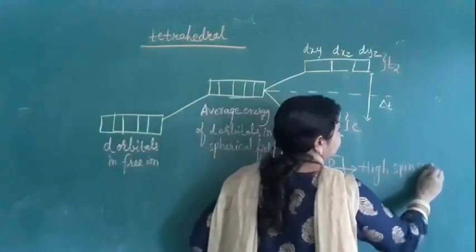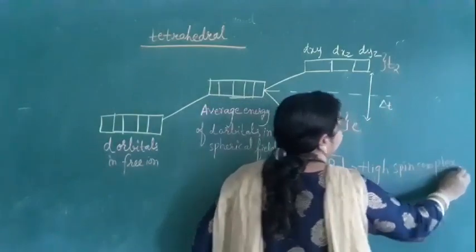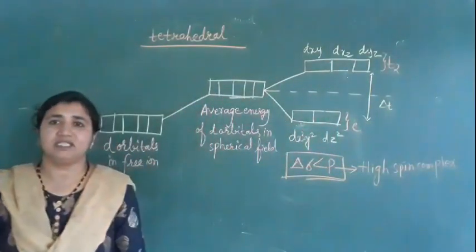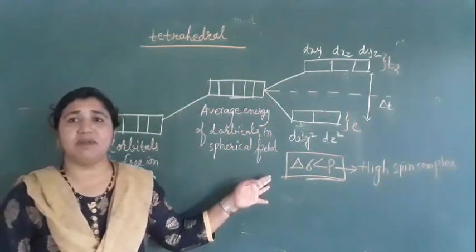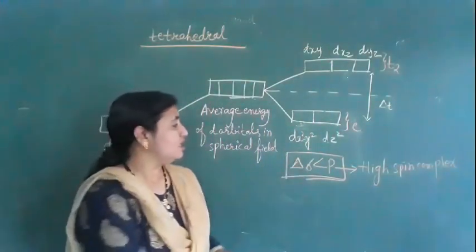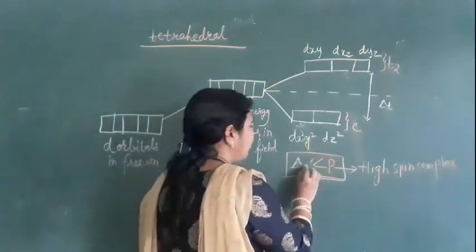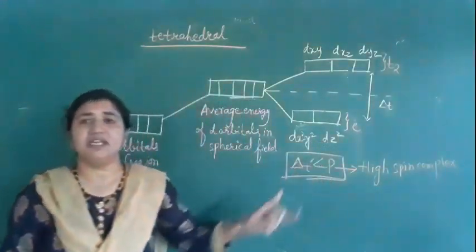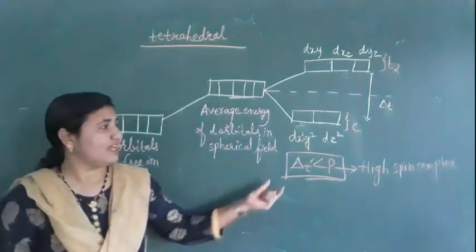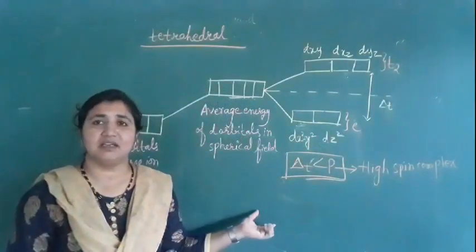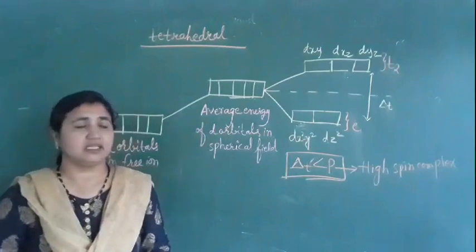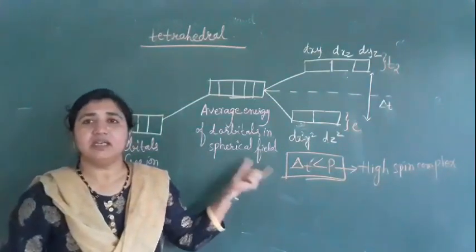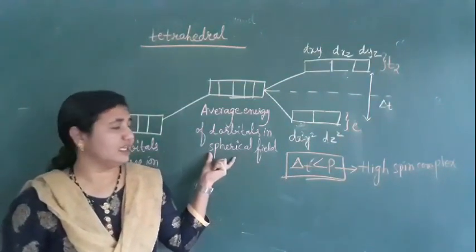Tetrahedral complexes will give high spin complexes most of the time, about 90%, because delta T value is less than the pairing energy. So high spin complexes will be more, and low spin complexes will be very few in tetrahedral cases.